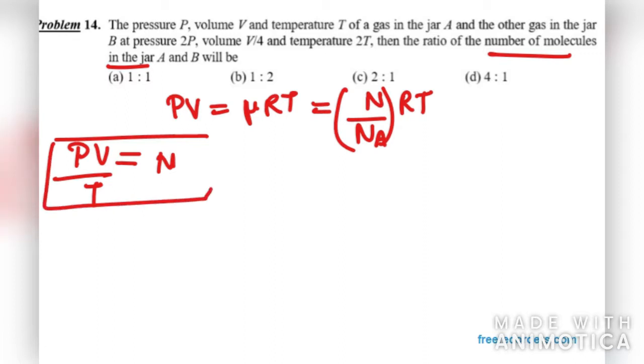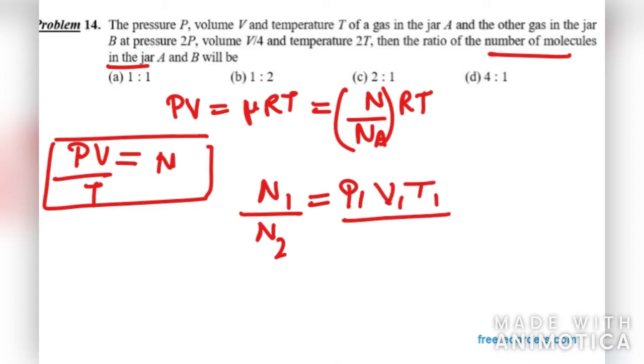So for the first one it will be P1, V1 over T1, and for the second P2, V2 over T2.